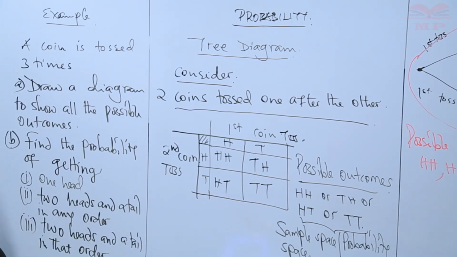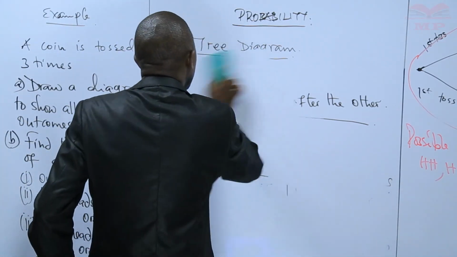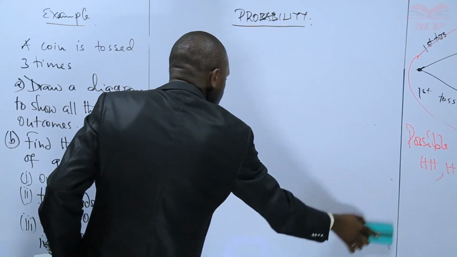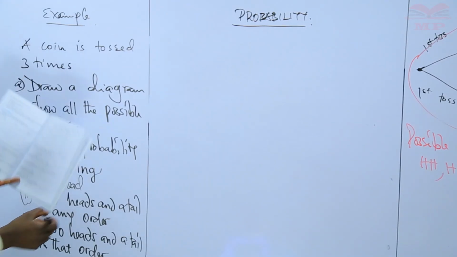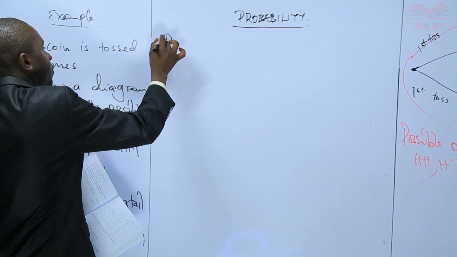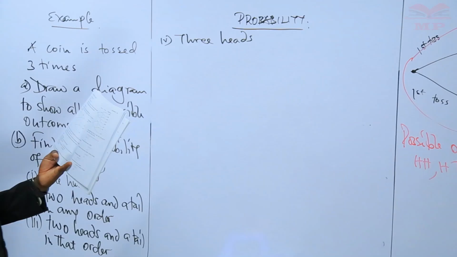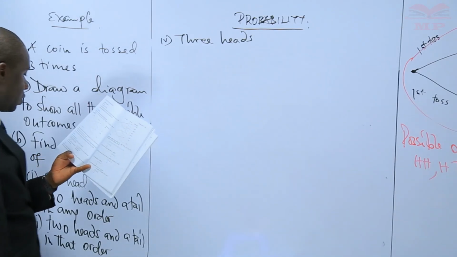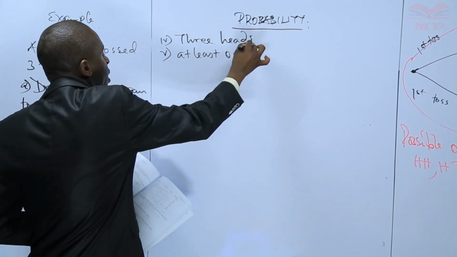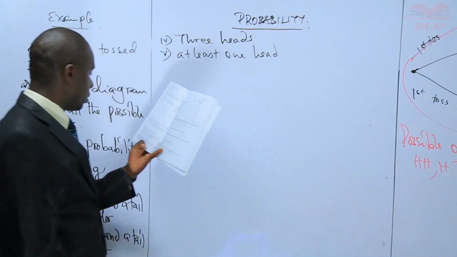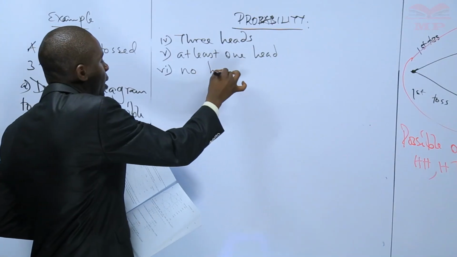We can clean here so that we can continue. 4, 3 heads. 5, at least 1 head. 6, no head.